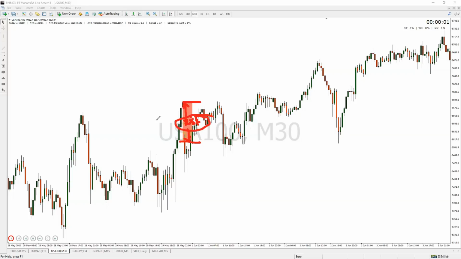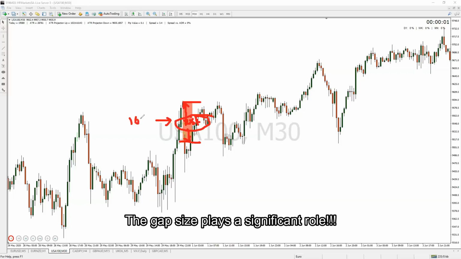If this was 100 pips, are you comfortable risking 100 pips? Do check another video that I made about calculating your risk to reward, which will assist you with position calculating and all those things. So check if you are comfortable with this.